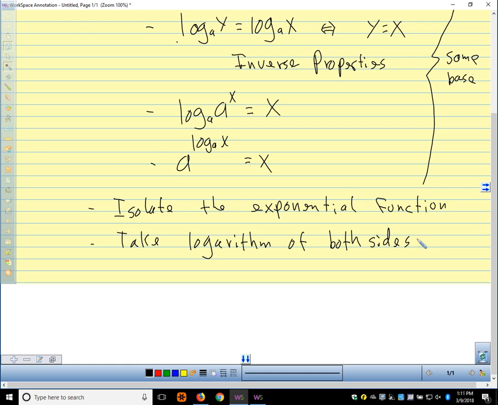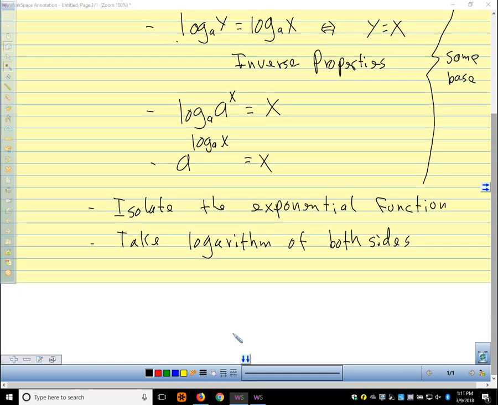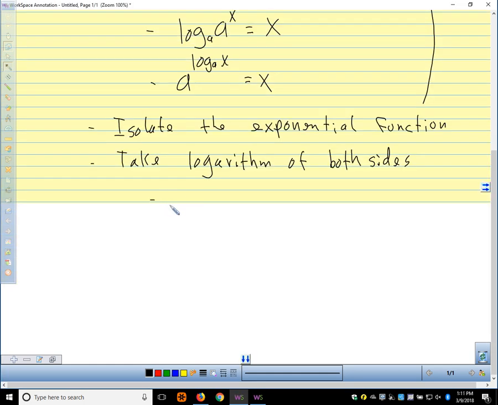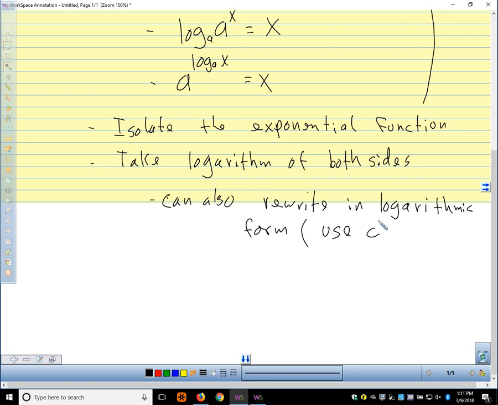So in general, that's how we solve exponential equations. The other way that we can do this, we can also rewrite in logarithmic form. And sometimes when you do that, you need to use the change of base.